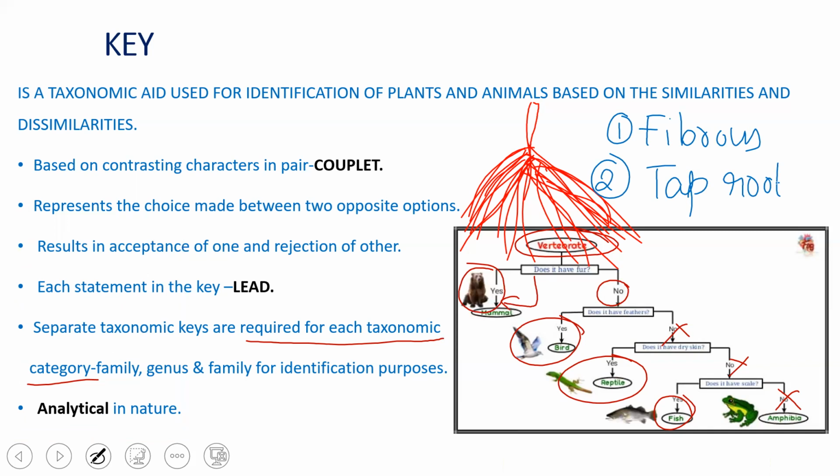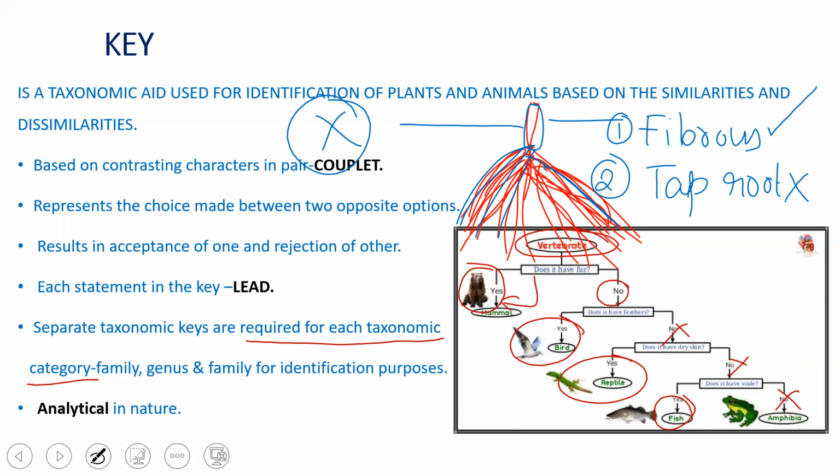So if the root is a fibrous root, then the fibrous root is a type of root which arises not from the radicle, but from other parts other than the radicle. So the main root here will be branched into the tuft of roots, right? So this plant is said to be having the fibrous root. So this will be an accepted statement, but this will be a rejected statement.